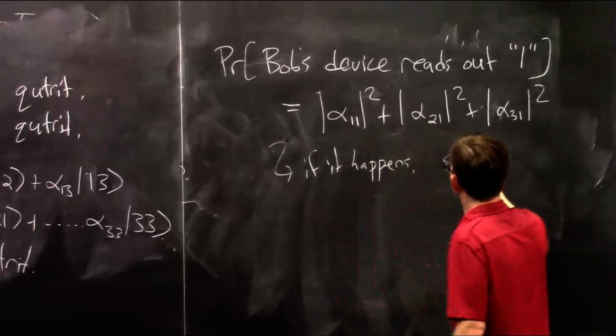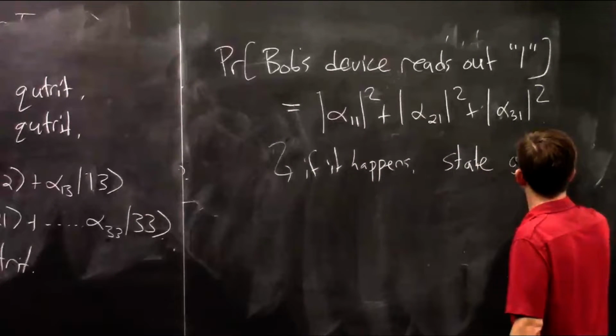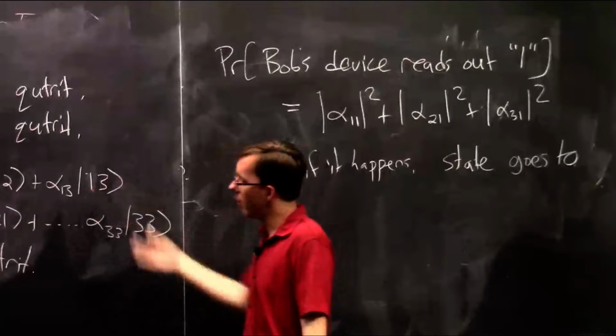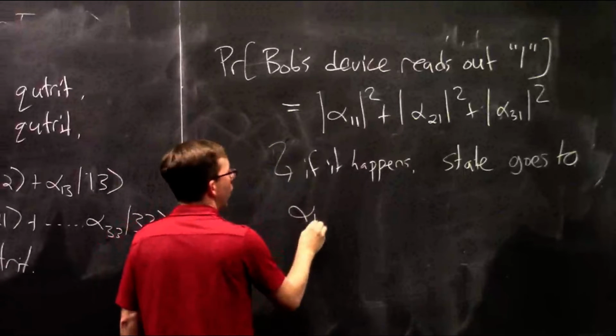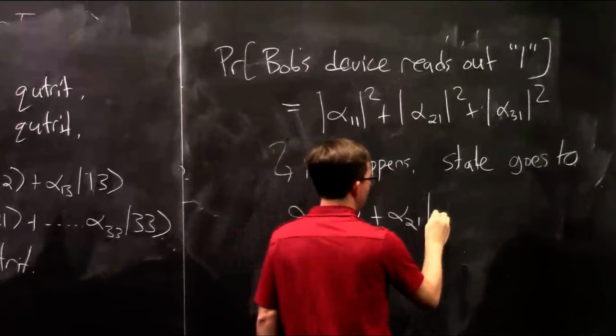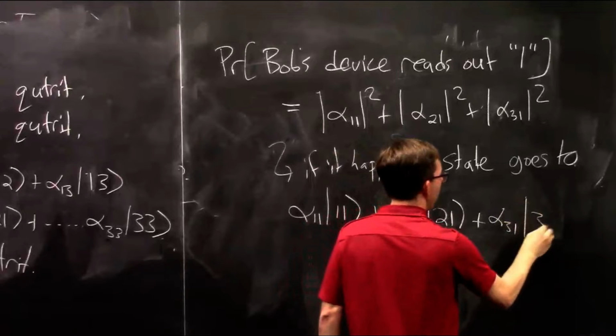the state, quote unquote, collapses to, or changes to, you just retain all the vector pieces that are consistent. So that's alpha 1,1 times |1,1> plus alpha 2,1 times |2,1> plus alpha 3,1 times |3,1>.